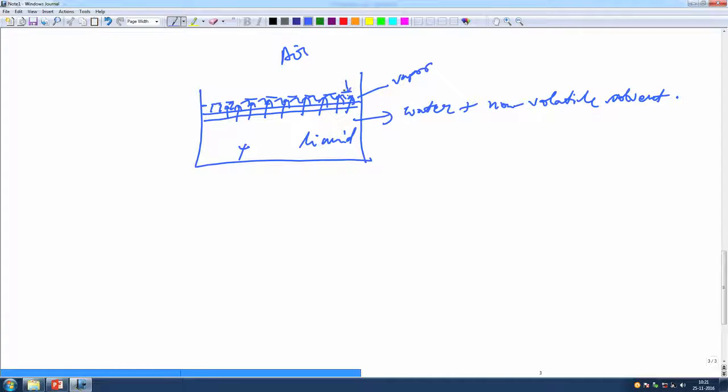If I plot this over this particular distance, the concentration of water vapor increases on the vapor side, whereas on the liquid side the concentration of water decreases, all happening in this small layer.